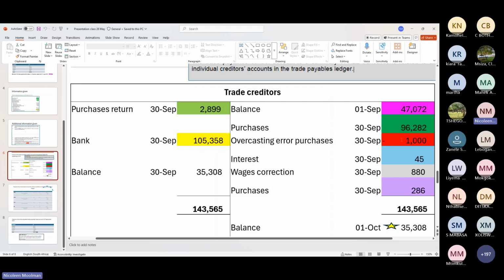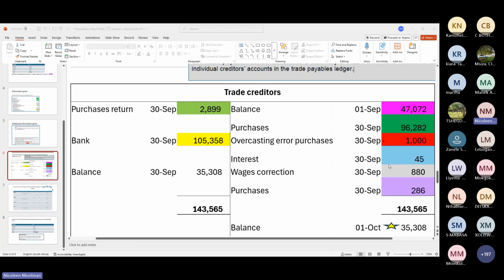So when the accountant added up all the purchases, the accountant accidentally put 96282 to the trade creditors general ledger account, which was incorrect, and we had to fix that error by reducing it to R1,000. I don't know if someone else wants to give that a try.